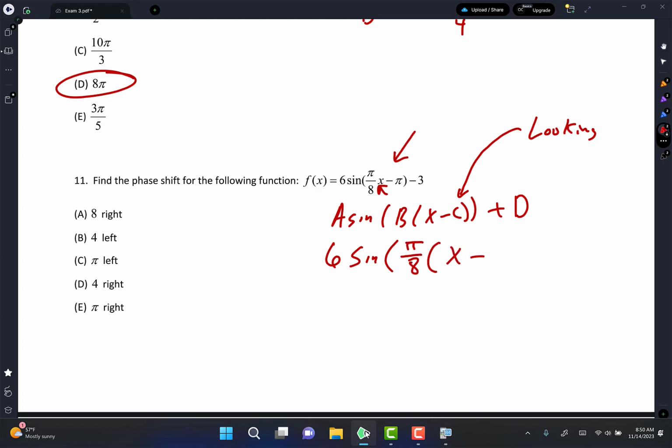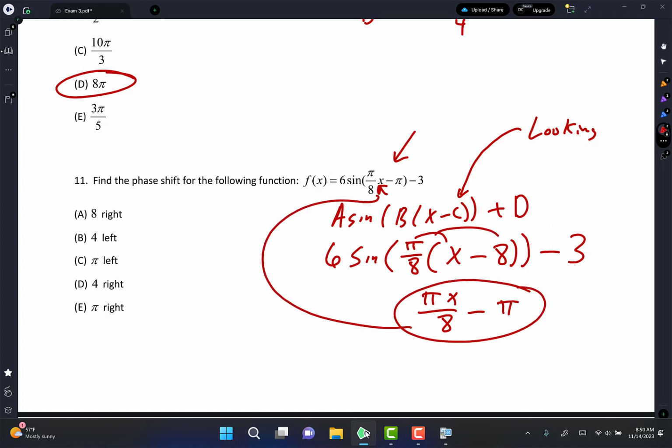Then I'm going to have x minus 8, close, minus 3. If I distribute, that's pi x over 8 minus, the pi's cancel out, and you would just get pi, which is that. So that's correct. That just means I move 8 to the right. How do we feel? Not bad, right?